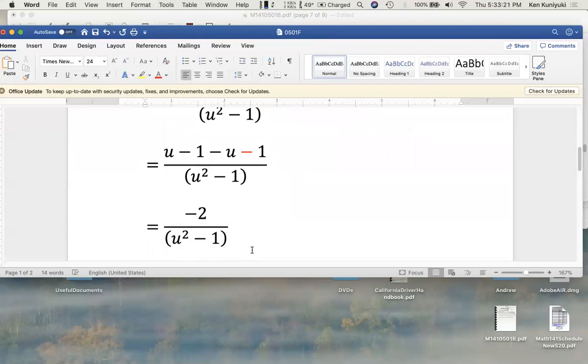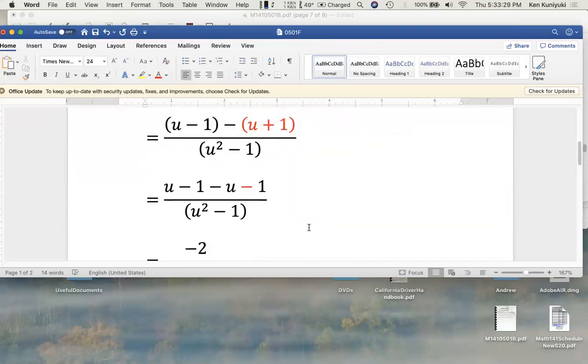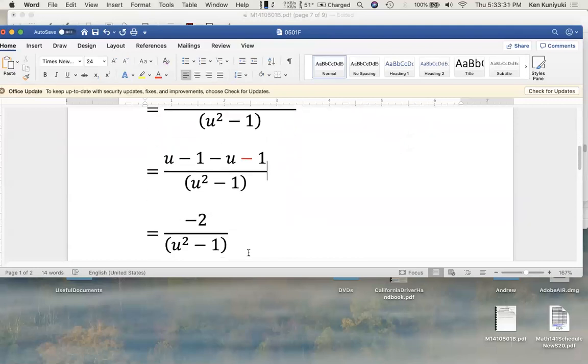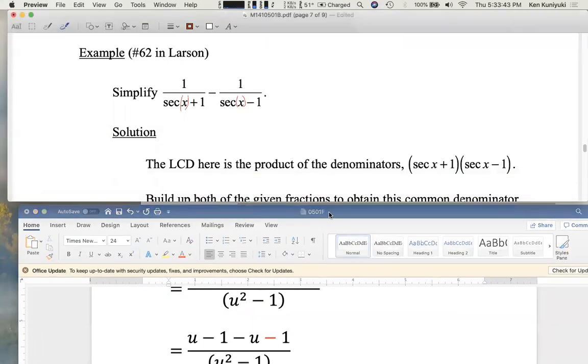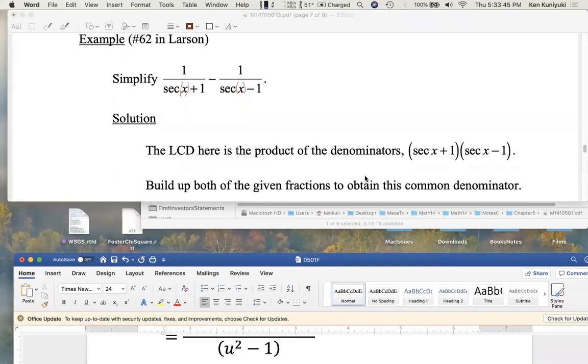And this basically finishes the key algebra phase of this problem. You might be tempted to factor the bottom, but then you'd be kind of going backwards. And actually, we like having u squared there because we like having squares of trig functions. And remember why. Let's go back from u to secant of x. U was secant of x.